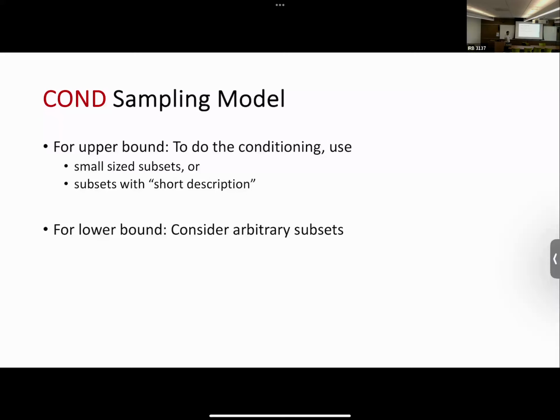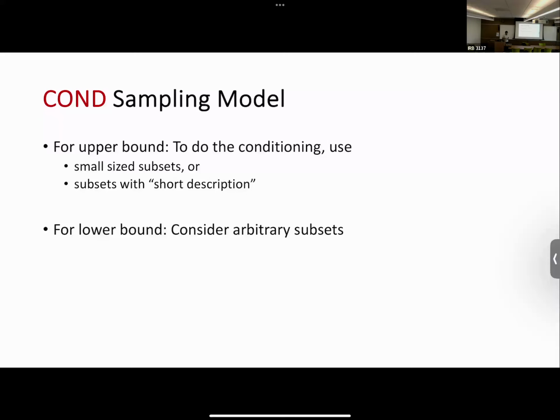Or it is some subgroup. Or it has some kind of implicit description, like somebody says, I want to condition on some subset generated by picking every element from this domain with a certain probability. This is some short description you are giving.